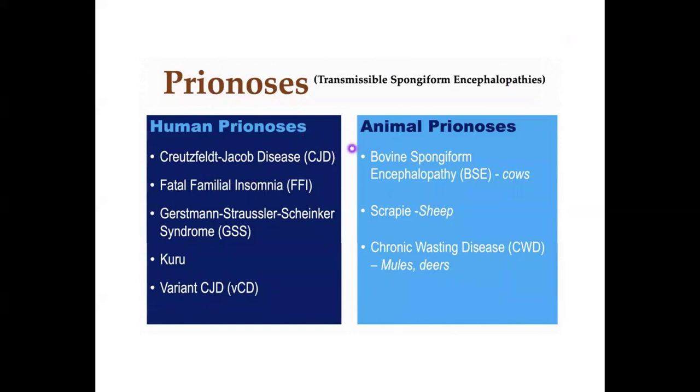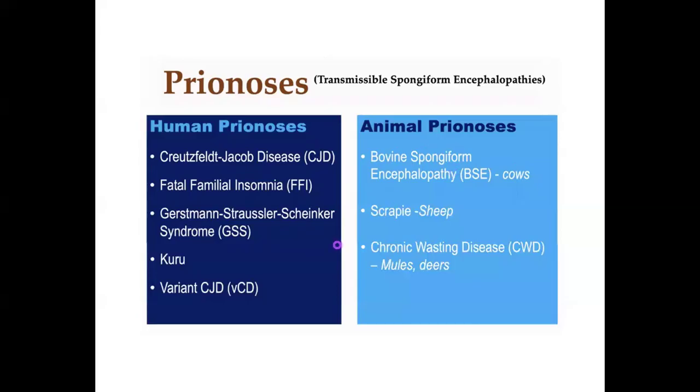There are different types: familial CJD, variant CJD. We also have fatal familial insomnia, which causes insomnia. We have Kuru, which is a variant of CJD. Then we have GSS, Gerstmann-Sträussler-Scheinker syndrome, which is not that common. For animals, Bovine Spongiform Encephalopathy, BSE, I'm sure you've heard of this. They call it mad cow disease.